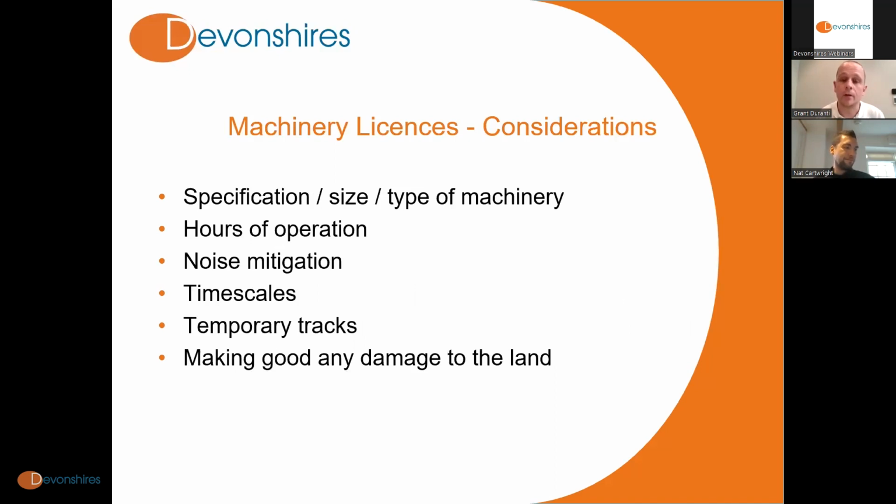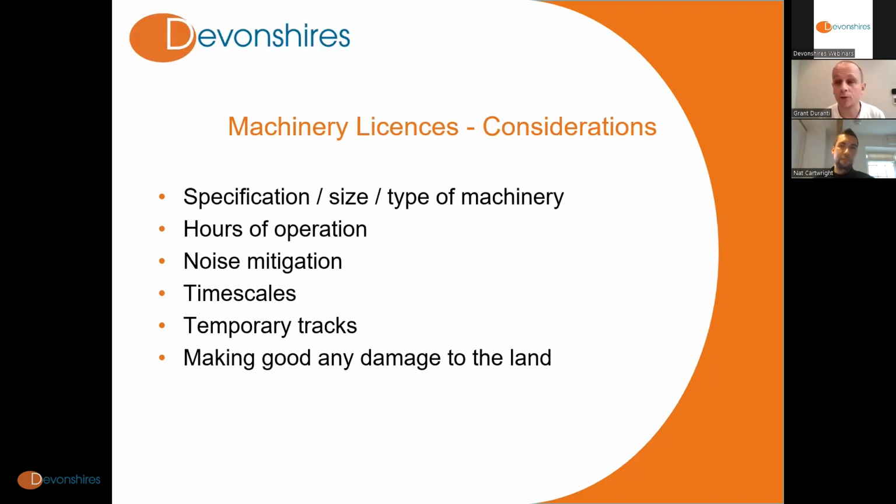Here you're likely to need to be quite detailed on the specification of your machinery, the size and the type. We have seen it before where literally either pictures or model numbers of certain diggers are included in the license, and even the number of them that you're allowed to use.